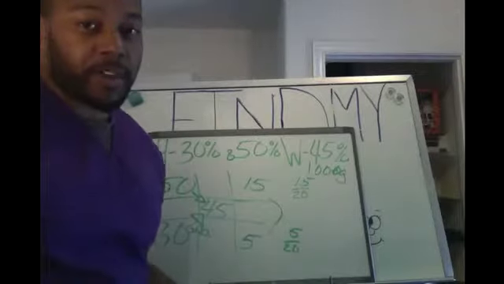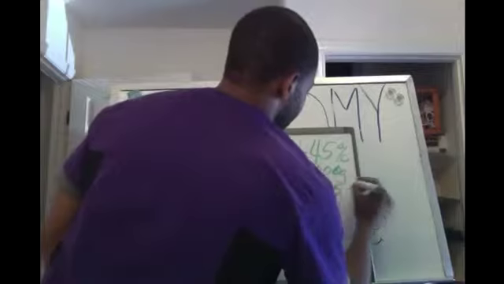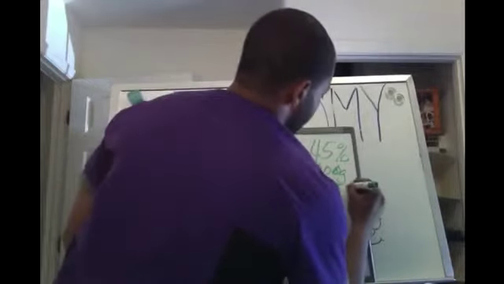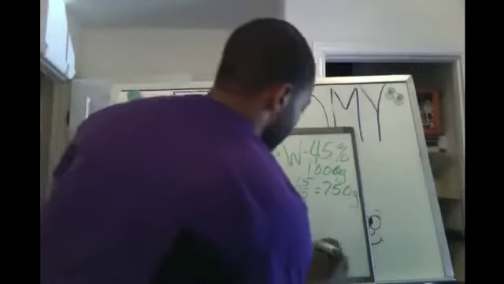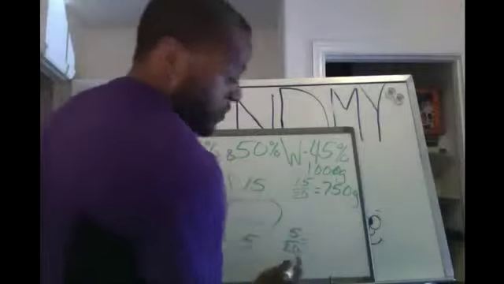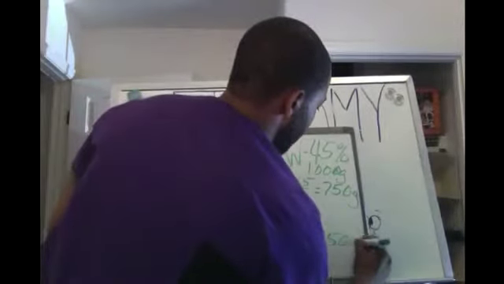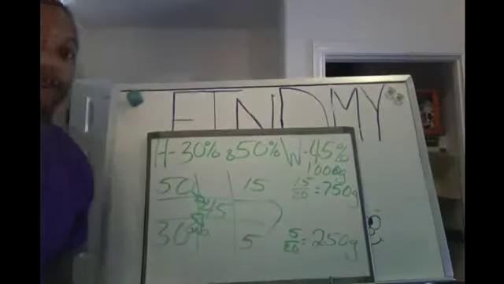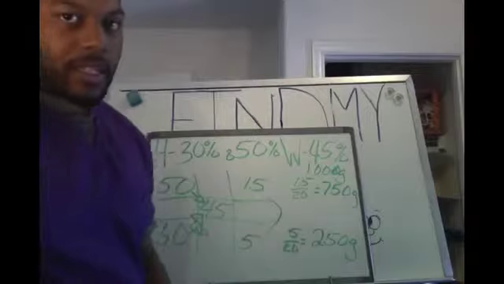Well, 75% of 100 is 75. So out of 1,000, that leaves you with 750 grams. Down here, 5 out of 20, 250 grams. Now, I did that in my head, but let's look at the details of the math here.